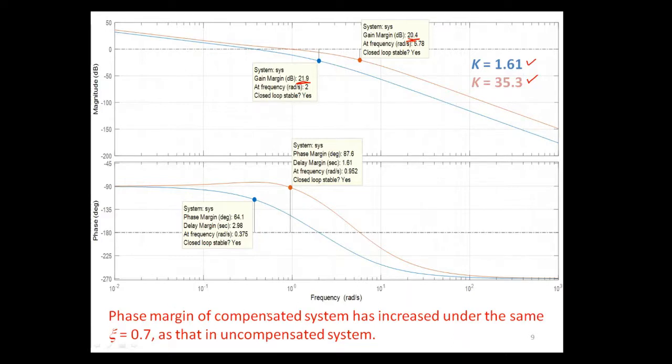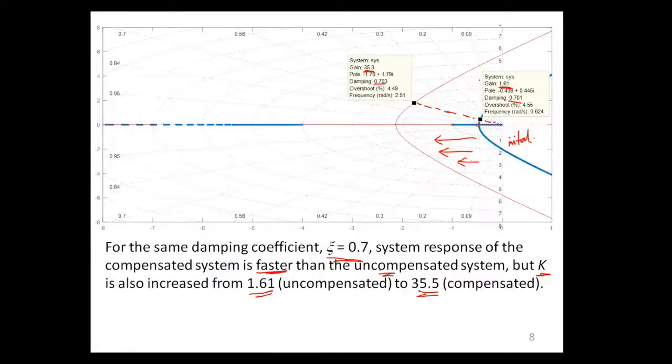For the phase margin, the compensated system has significantly increased, under zeta equals 0.7. How do we know that both of them have the same zeta? Simply because we are using the system gains 1.61 and 35.3 in the calculations for this Bode plot, and these two Ks are obtained while the damping is under 0.7.